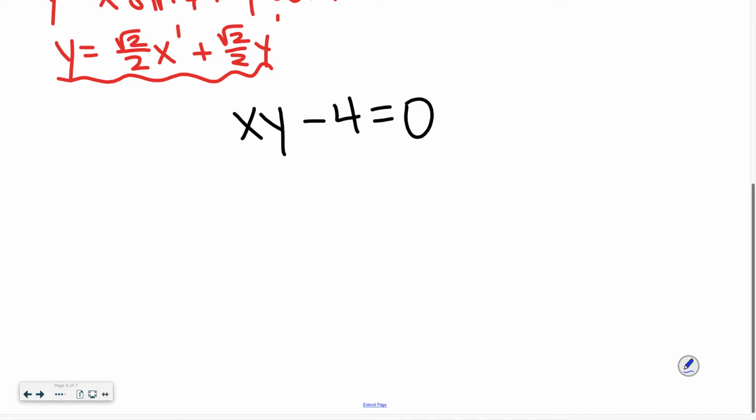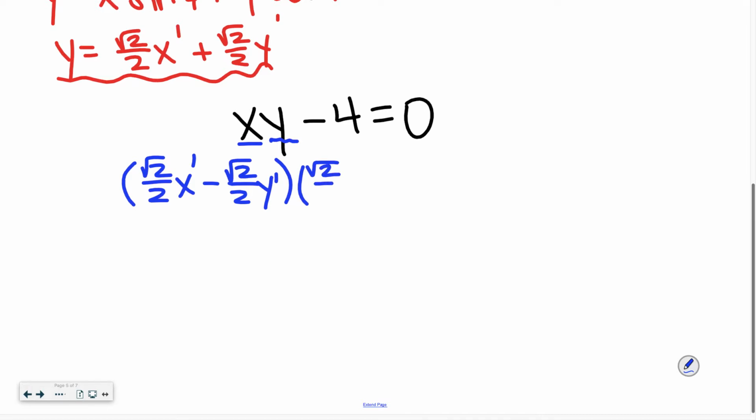Okay, so x, we determined was radical 2 over 2 x prime minus radical 2 over 2 y prime. That was x. Times y. And they're being multiplied, so I'm going to write them in parentheses so we can multiply them.